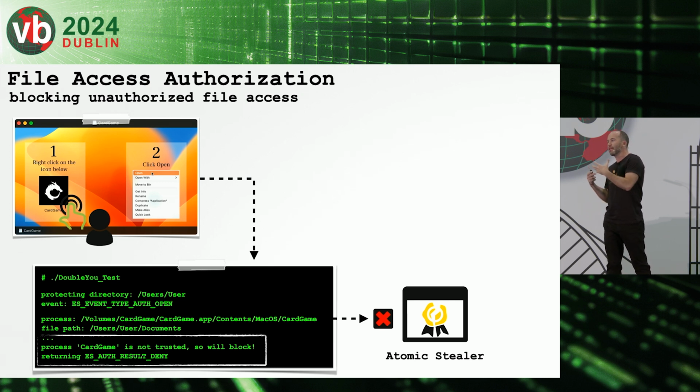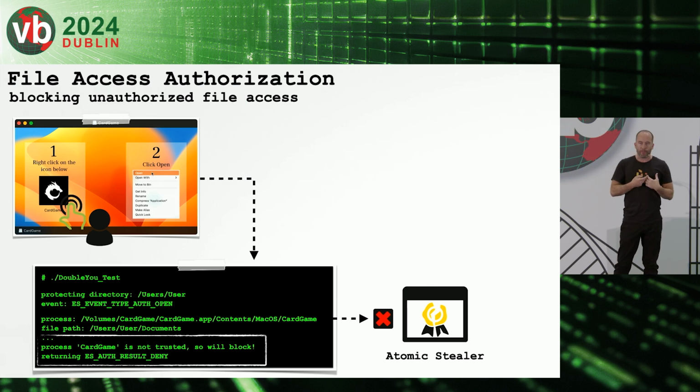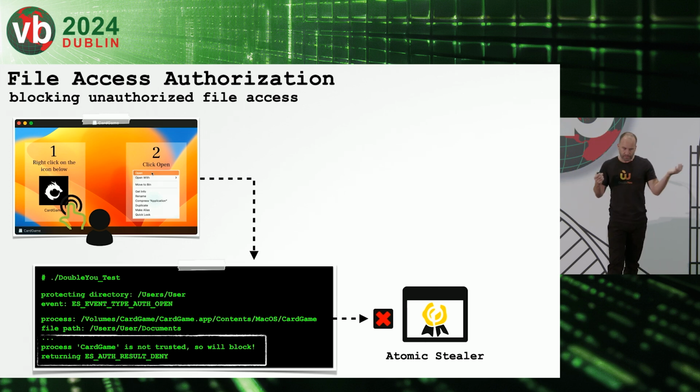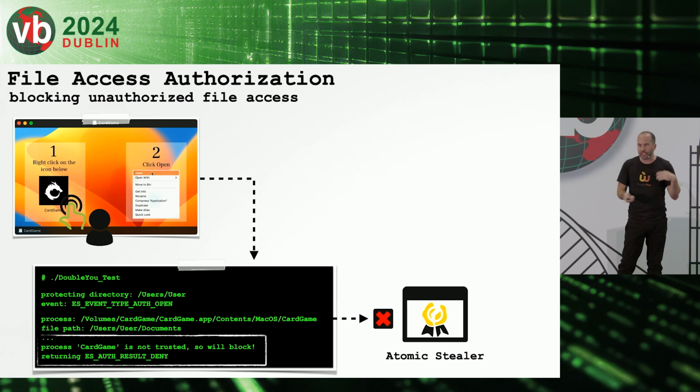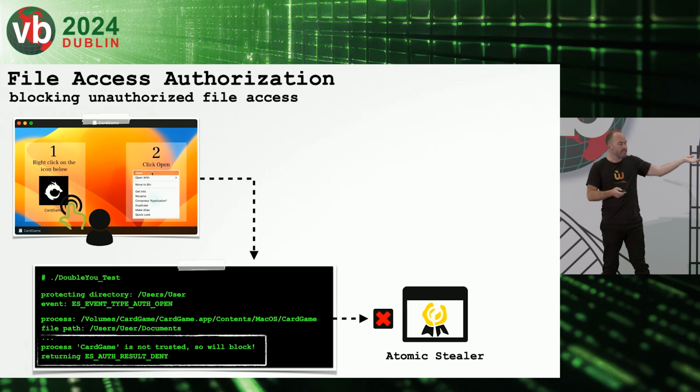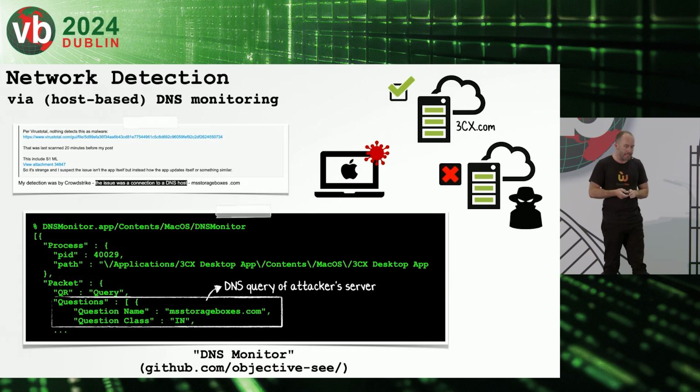We can examine the process that's trying to access the file, and if we deny that, the operating system will block that for us. So very easy in this case. We could check if it's not a trusted application or something that's been approved. In the case of stealers, this now gives us a fairly generic capability to block them.